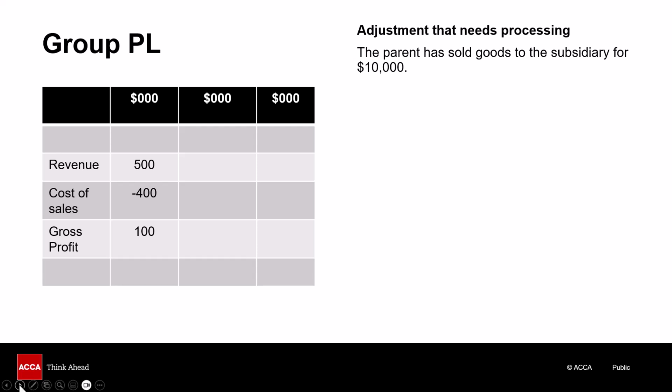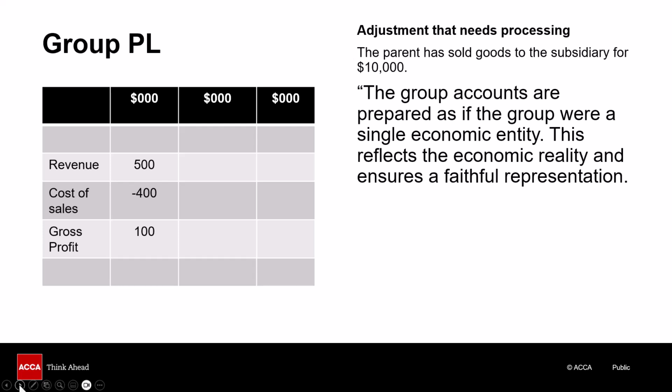So think about how you would justify the accounting entry that you're going to be processing in a minute. And in a narrative answer, surely words like substance over form and faithful representation are going to be used.